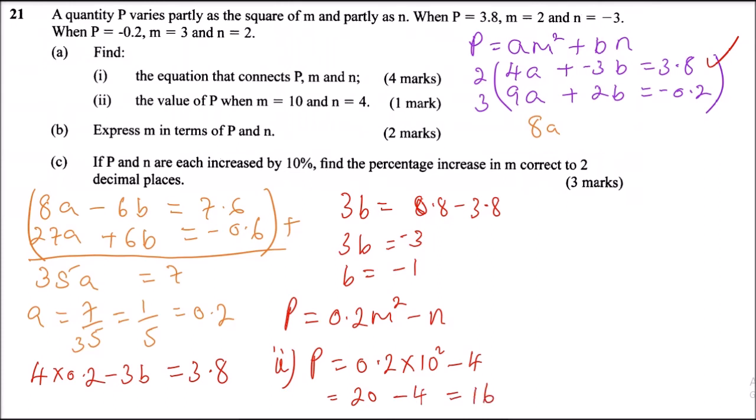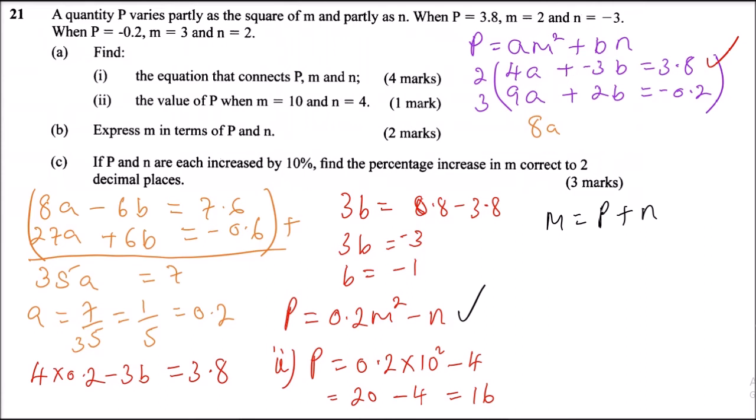So P is equal to 16. We look at part B. Express m in terms of p and n. That is, you make m the subject. So from here we say m squared is equal to, we take n to the other side, it becomes p plus n, positive once it crosses the equal sign.